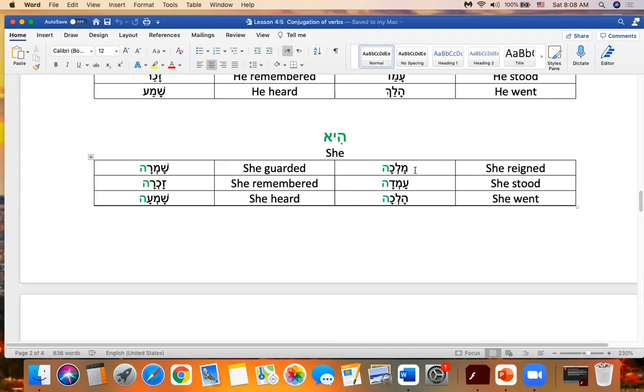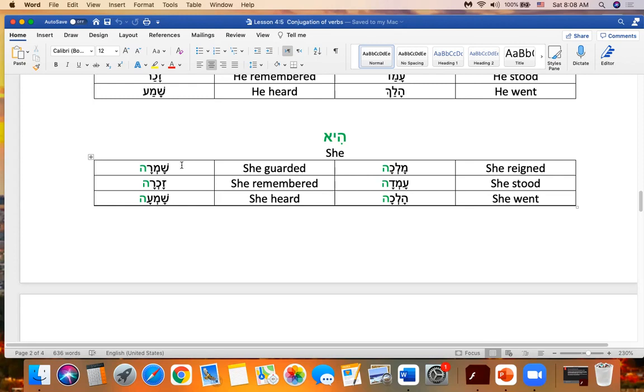So for reigned, the root is malak, but you say malcha. For stood, it's amad, but you say amda. So the first two letters are a syllable, and then you just attach a hey at the end. She went, halak is halcha.